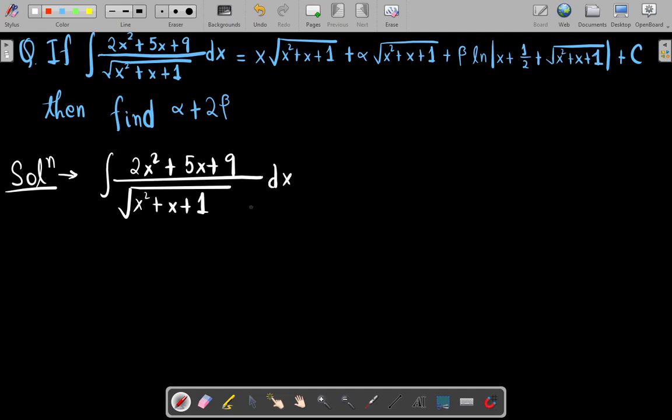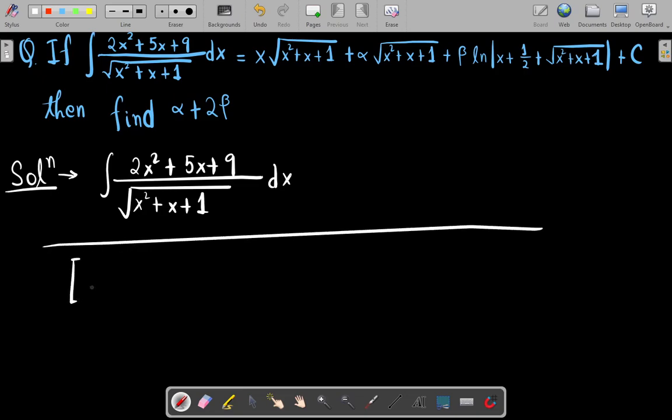Roughly speaking, this is an integration of, say, (ax² + bx + c) upon the square root of (dx² + ex + f) dx.